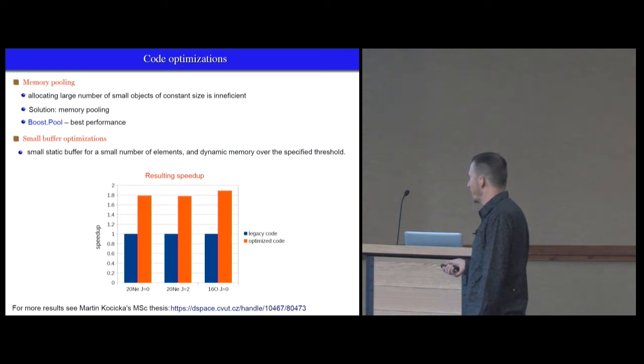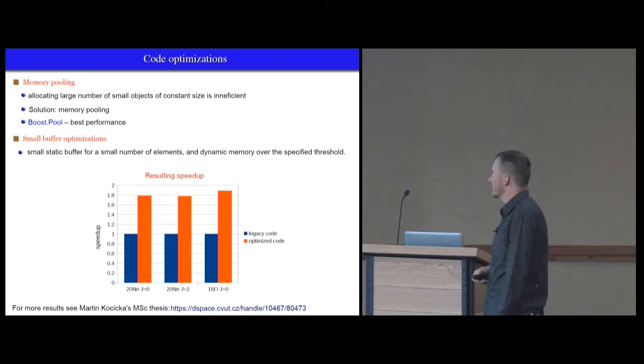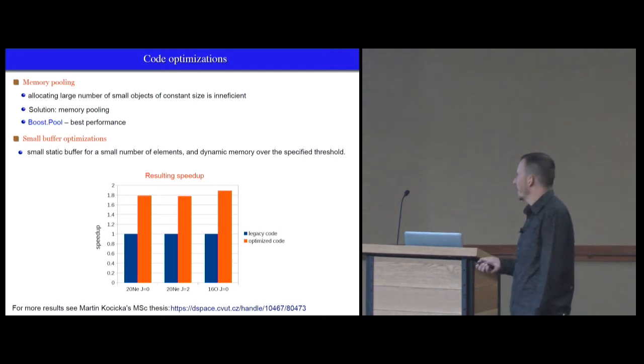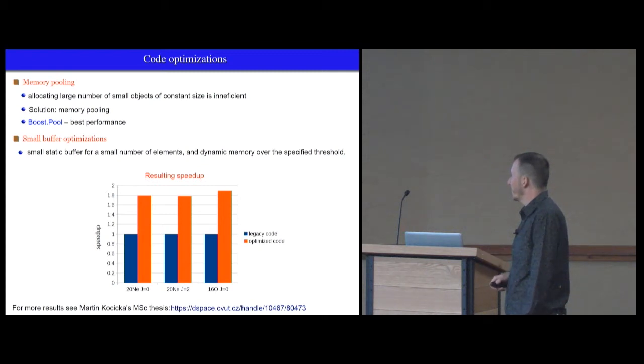And this shows the overall result of our code optimization. So the blue bar is the legacy code, and this is the speed up that we have for optimized code.